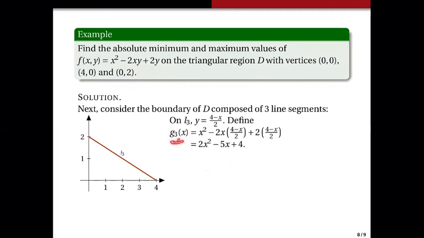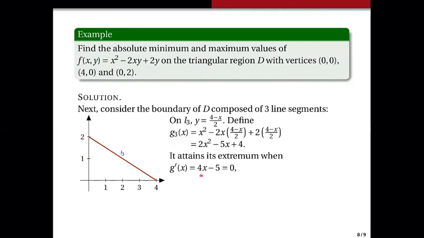And then if you simplify, you'll just get 2x squared minus 5x plus 4. And then we can look at the extrema of this function g sub 3. Its extremum can be obtained when the derivative of this is equal to 0. So g prime of x equals 0.